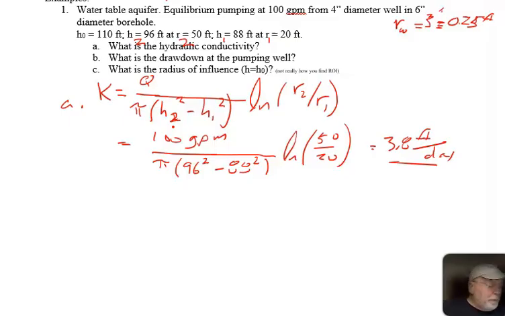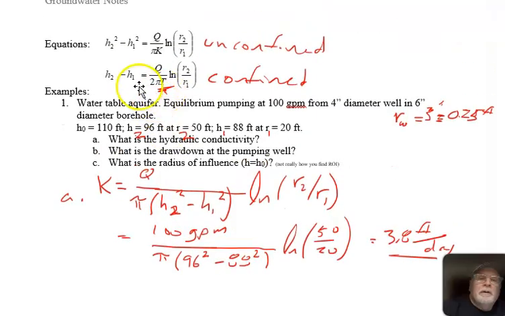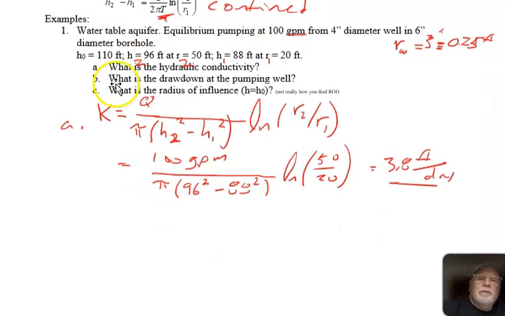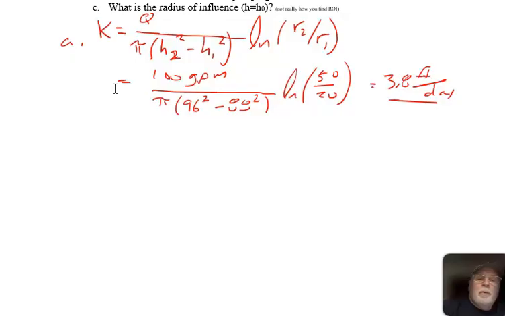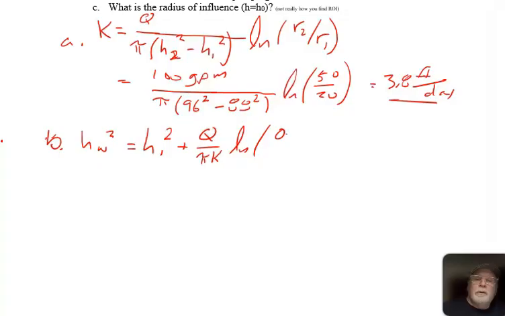What is the drawdown at the pumping well? Well, how about if we go back to this equation here, H2 squared minus H1 squared, maybe we'll call the pumping well H2. So H well squared equals H1 squared plus Q over pi K times the log of 0.25 feet, that's RW, over 20 feet is R1.